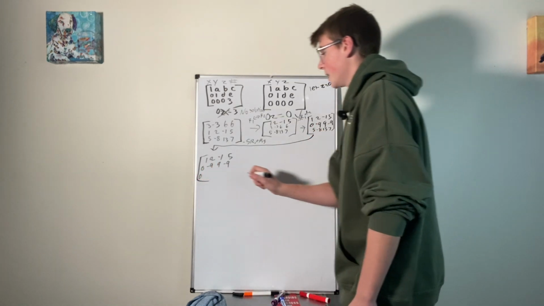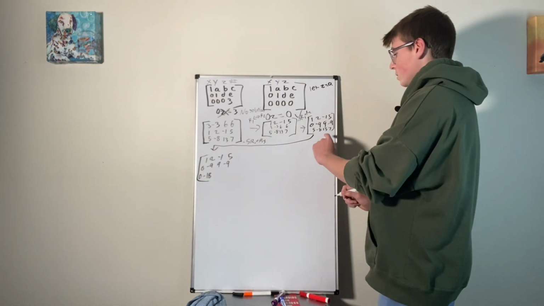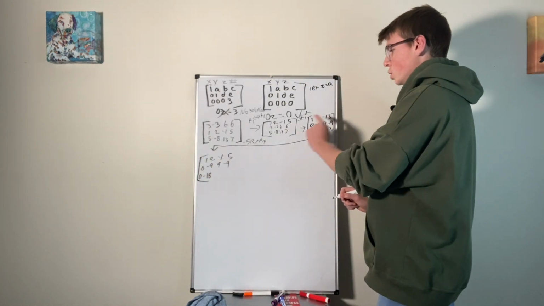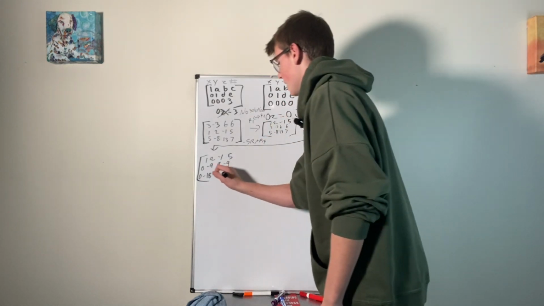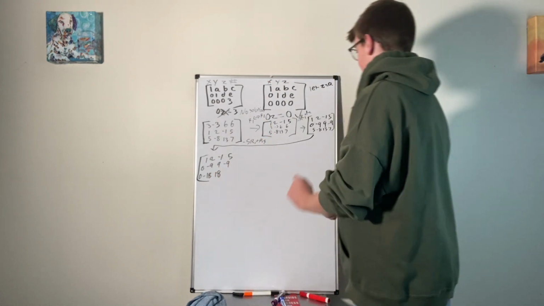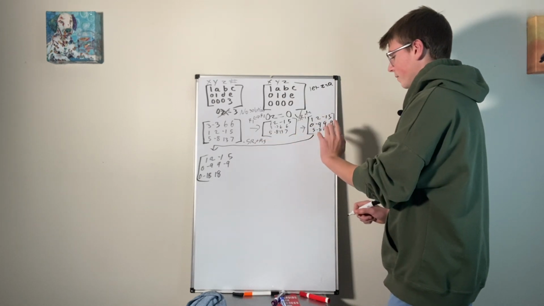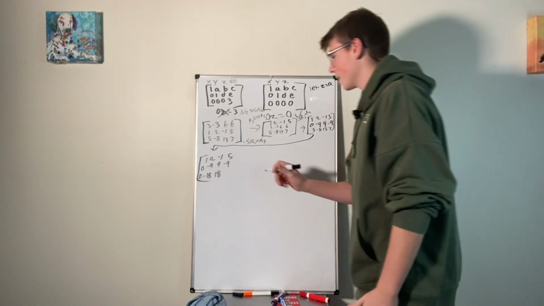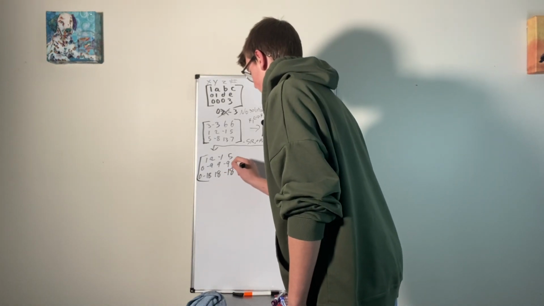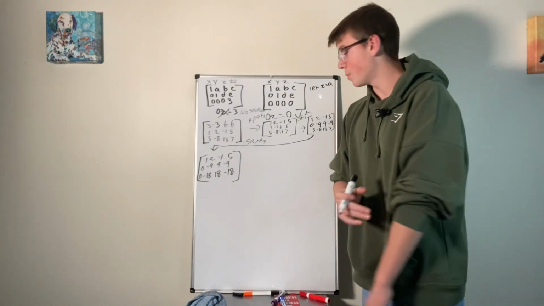Negative 10 minus 8 is negative 18. Wait, no, this would be 5 plus 13 is 18. And then this would be 5 times negative 5, so negative 25 plus 7 would be negative 18. You can see this little pattern is appearing here. That might be important later.